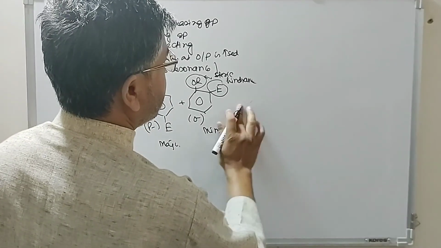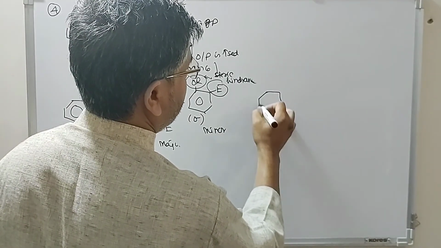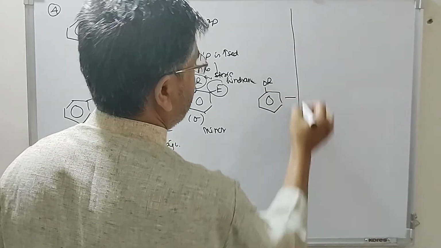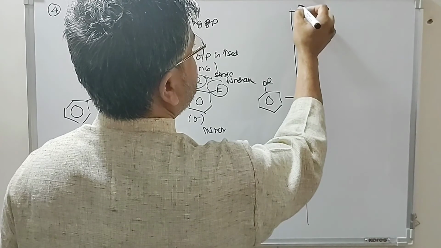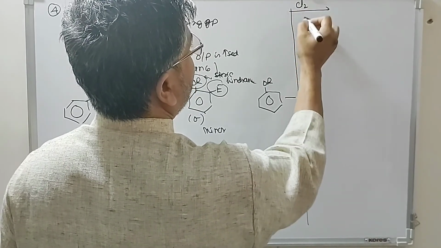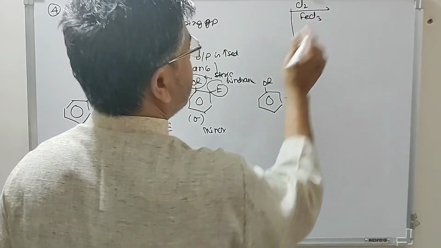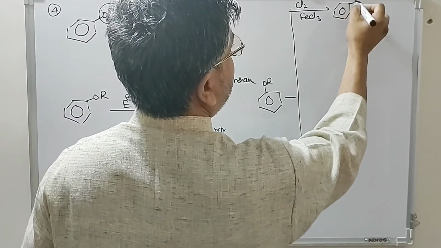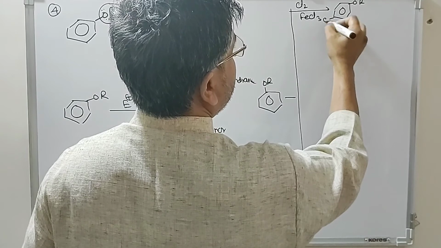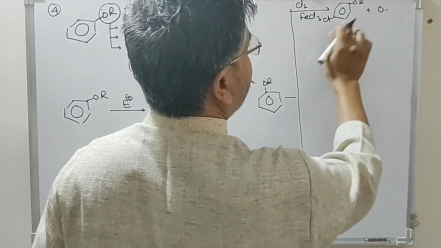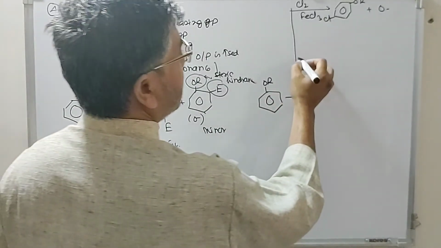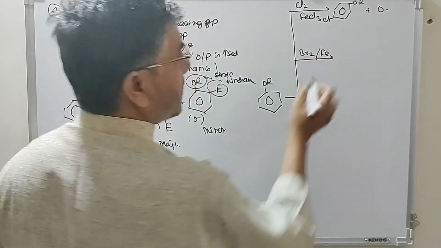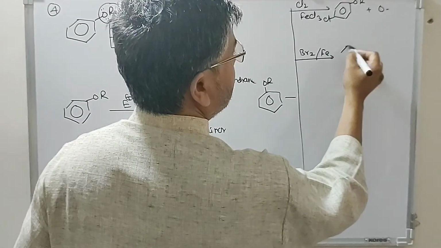So we have looked at this OR. This reacts with chlorine in presence of FeCl3. We have chlorination at para position plus ortho. I am giving only the major compound. We have bromine in presence of iron, bromination reaction.